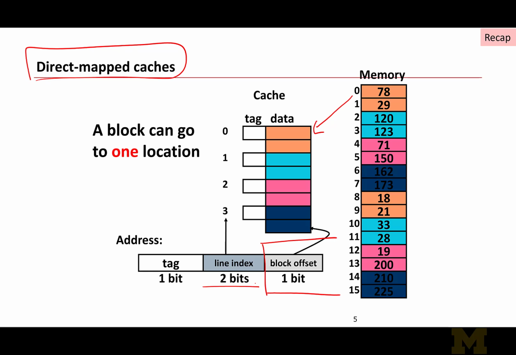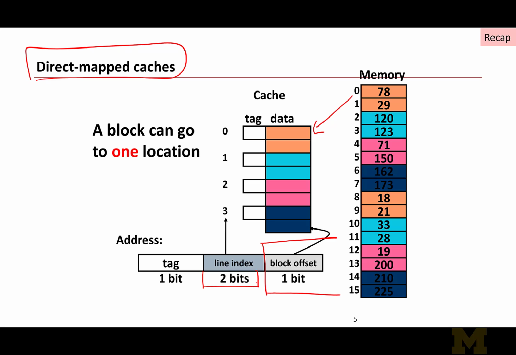And then we created an index to access that array of cache lines simply by constructing an index out of the least significant bits in the remaining part of the address after leaving out the block offset. So in this example, I have 4 cache lines. So we need 2 bits to index into this array of 4.